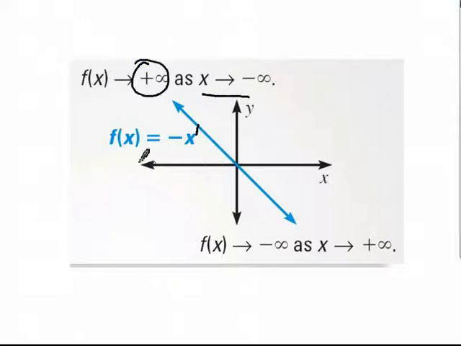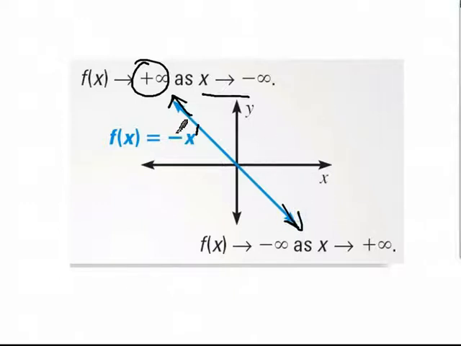So as x gets highly negative, our function is climbing up to positive infinity. And as we go to positive infinity in the x direction, our function is going to negative infinity. Just the opposite of what we had in the last slide.